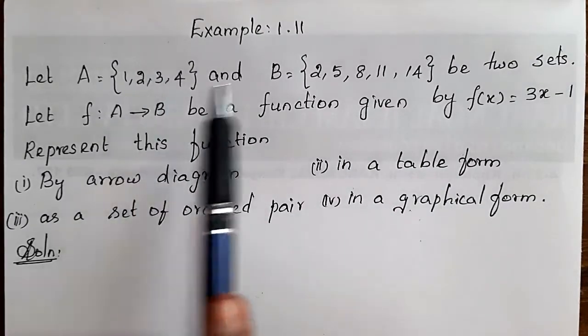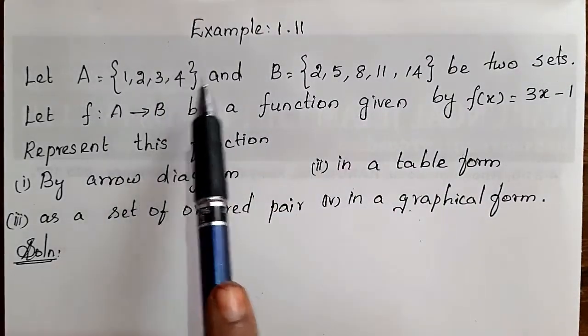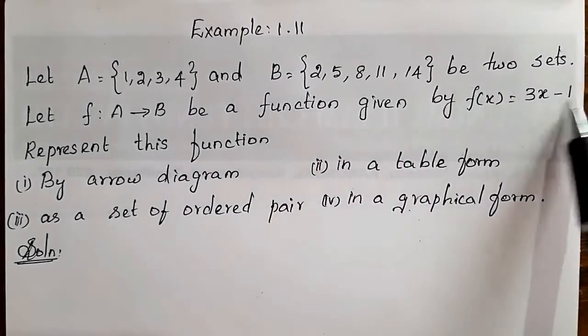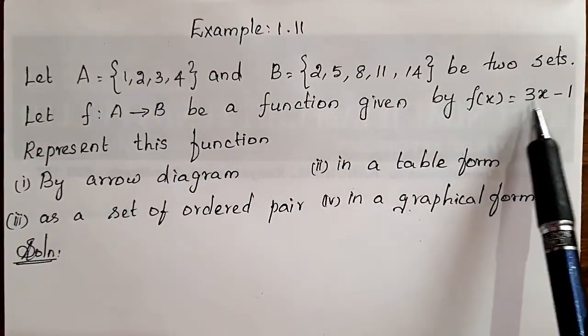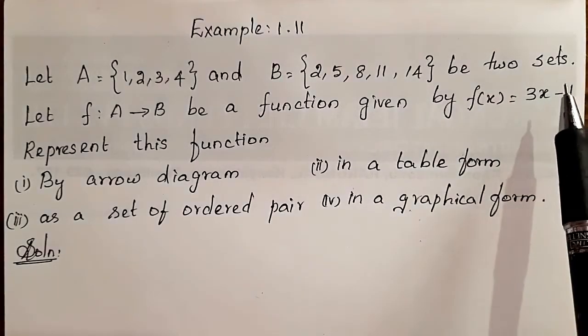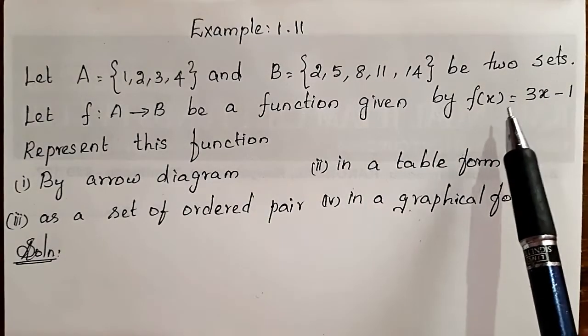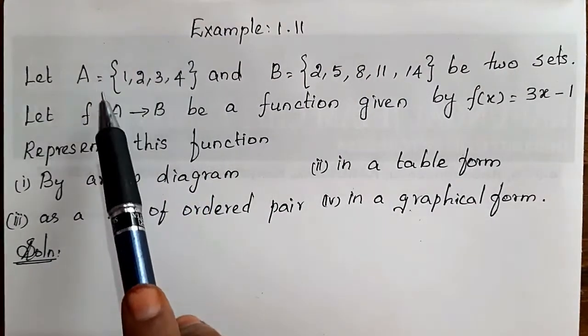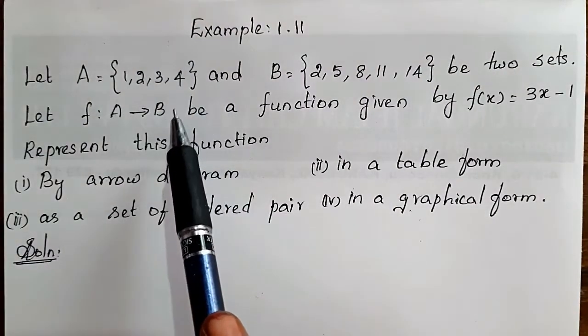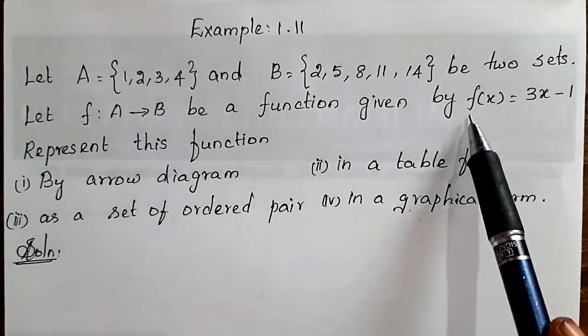So two sets are given. A function goes from A to B. Also this function is defined by f of x equal to 3x minus 1. So we have to find the function values. For all x values in the domain, we have to find the unique image using this function.